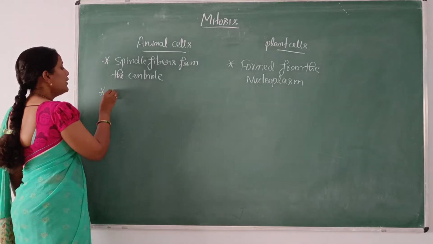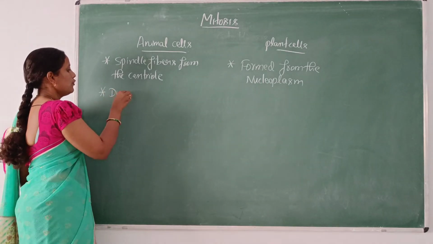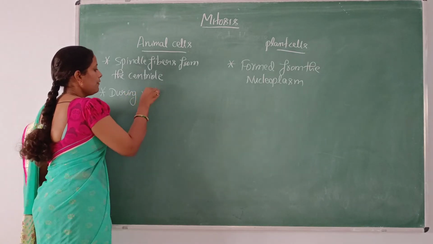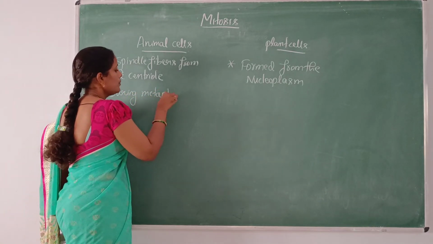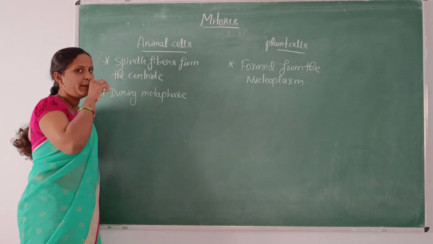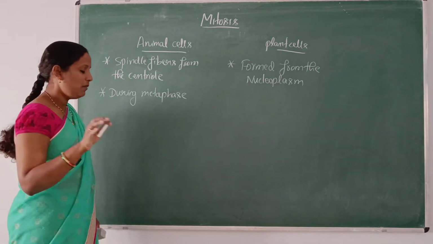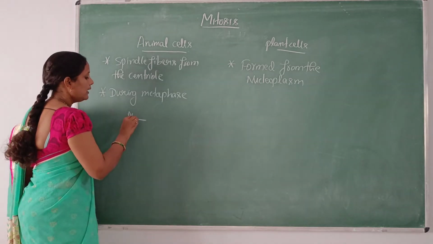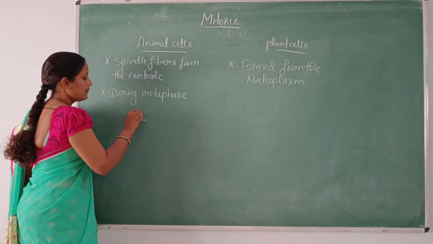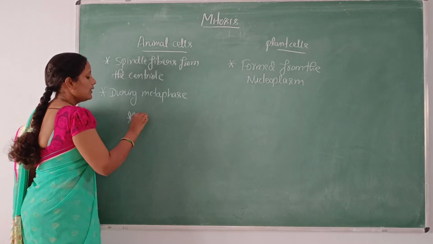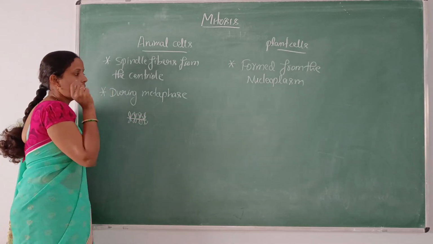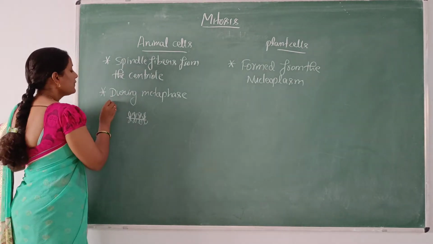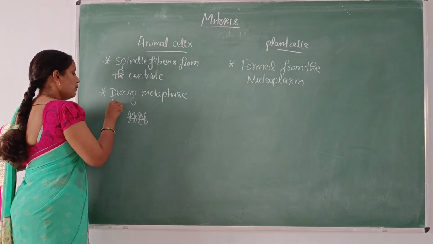And during metaphase in animal cells, I told you that in metaphase the chromosomes will arise at the equatorial plate like this, right? So here the arrangement of chromosomes is very peculiar in animal cells.